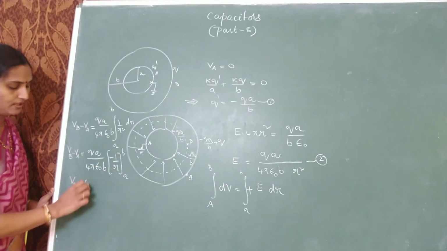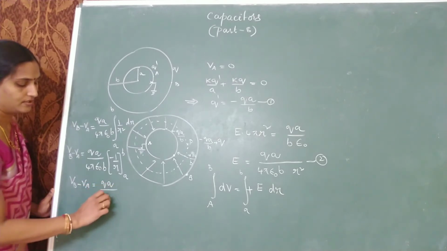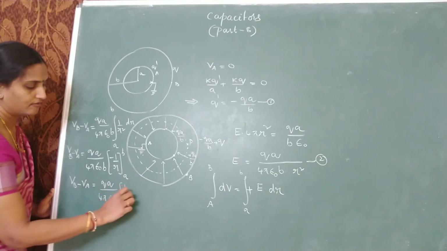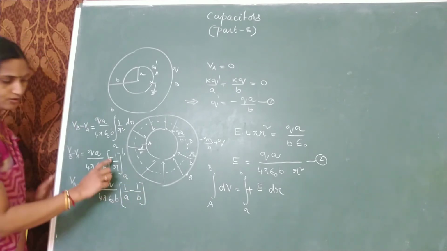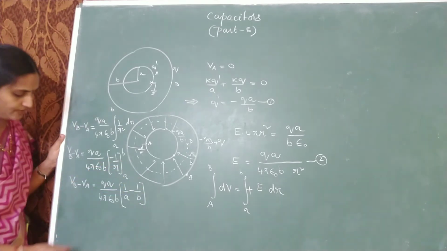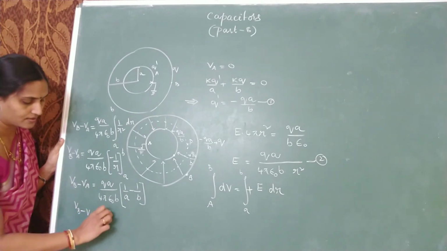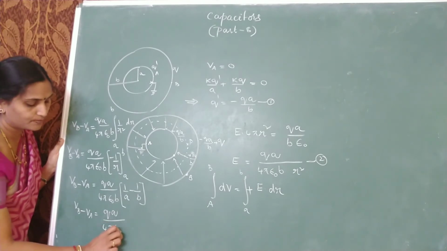VB minus VA is QA by 4 pi epsilon naught B, 1 by A minus 1 by B. Okay, because of the minus sign I have reversed the fraction.